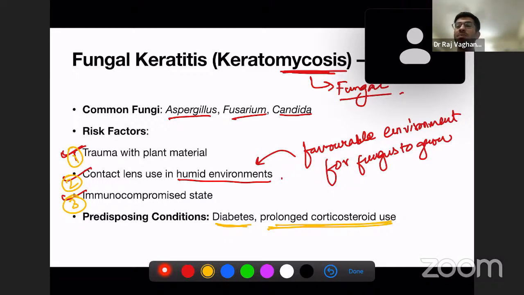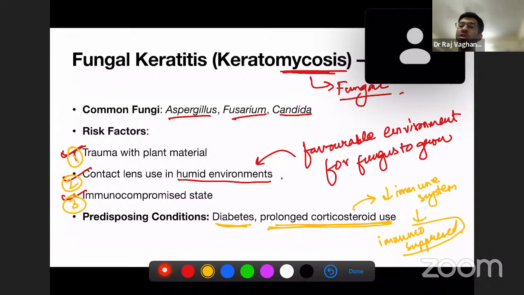If you're using prolonged corticosteroids, you are decreasing your immune system, making yourself immunosuppressed. If you're immunosuppressed, the fungus can easily cause fungal keratitis. And in diabetes also, fungal keratitis can happen.